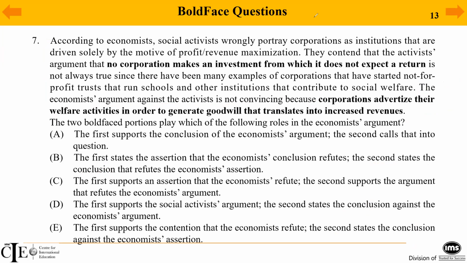So if the economists are saying that social activists are wrong in their portrayal of corporations as profit-making bodies, what do economists believe? That corporations are good. So social activists are saying that corporations are bad. Now, what is the next statement immediately?